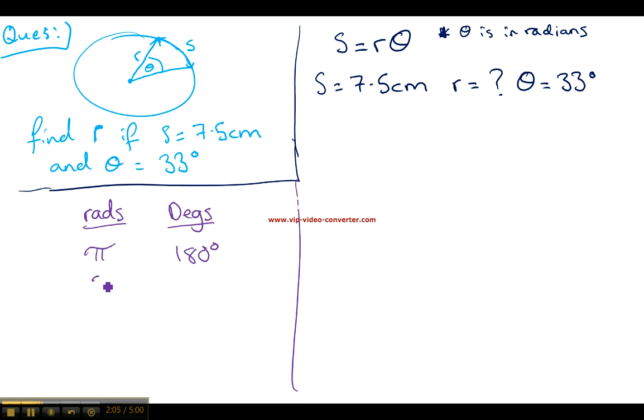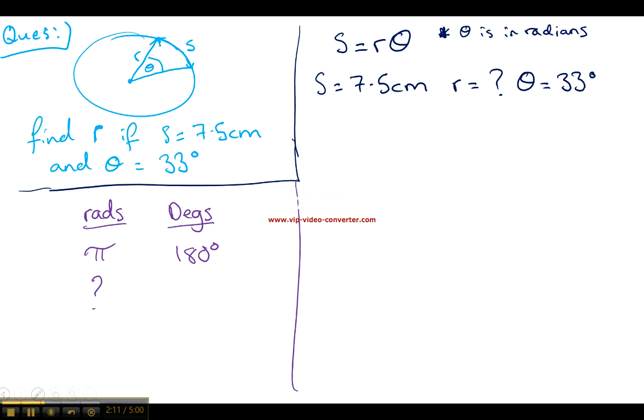So then we can say, well, how many radians does 33 degrees equal? What we do is we draw an X between them. The two numbers that link up, we multiply. So pi by 33, and you divide it by the number that links to the question mark.